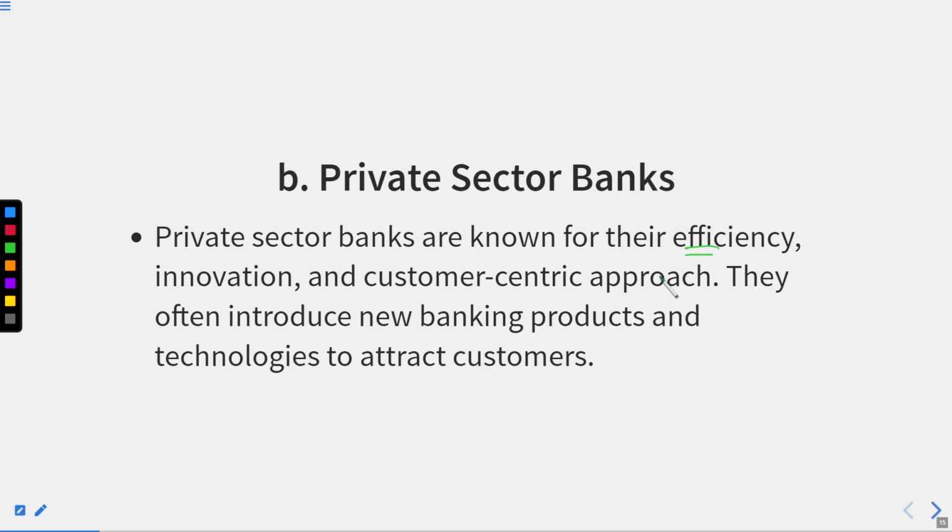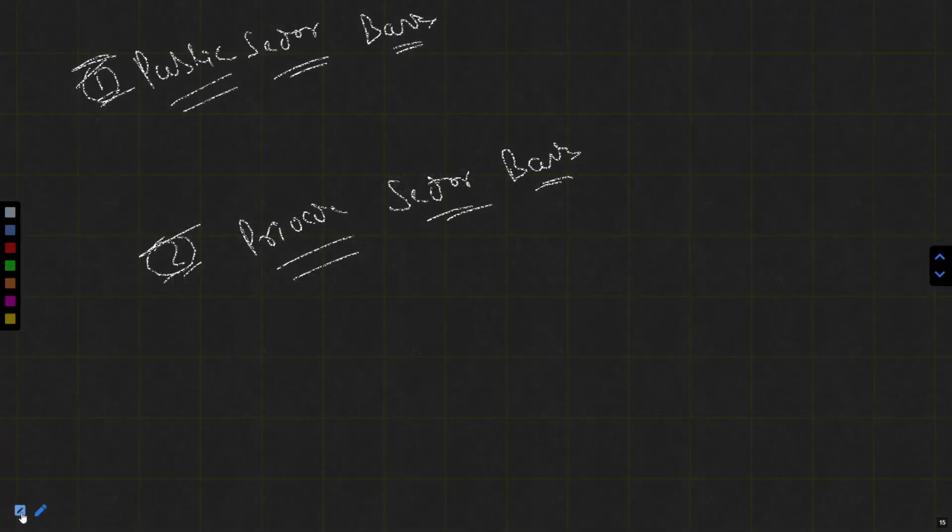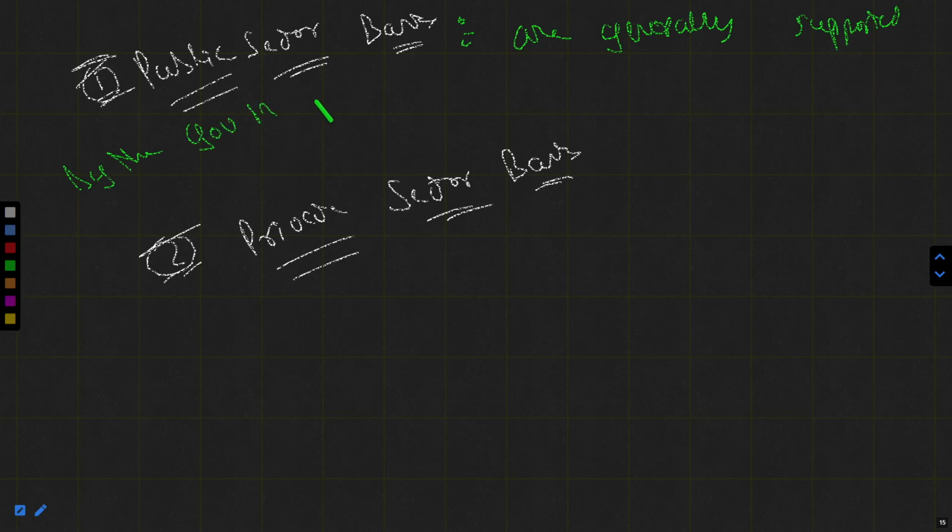It means that they have to work efficiently, they have to be innovative, they have to be customer centric, and they have to introduce new banking products and technologies to attract customers. Now come to this. Okay, so basically the public sector banks are generally supported by the government in funding.